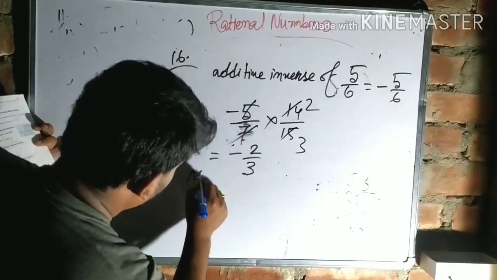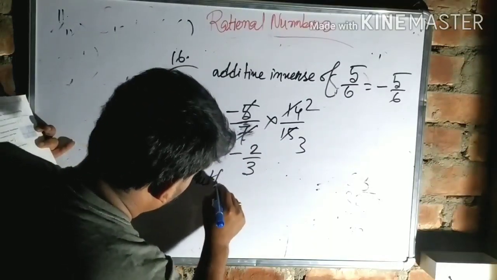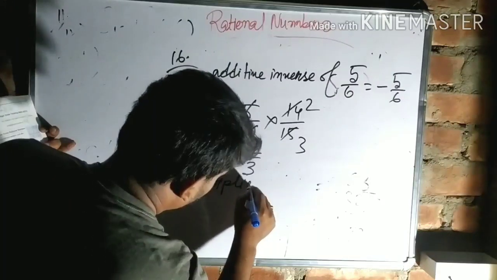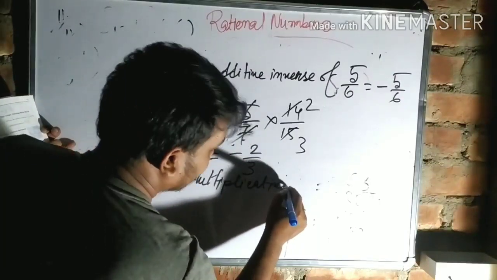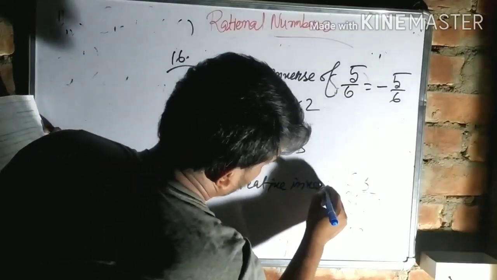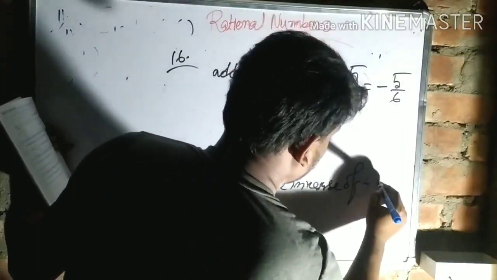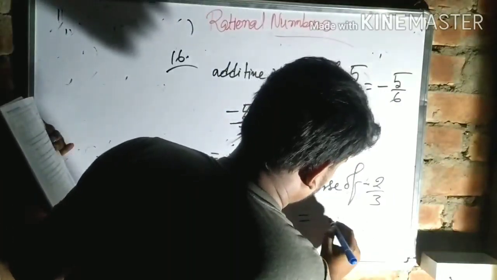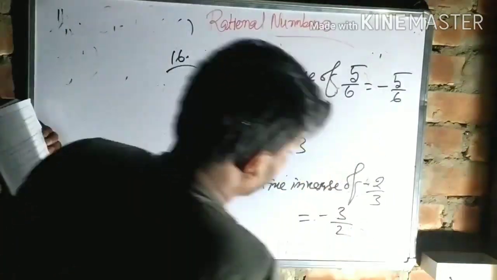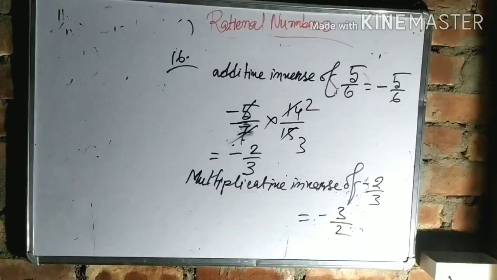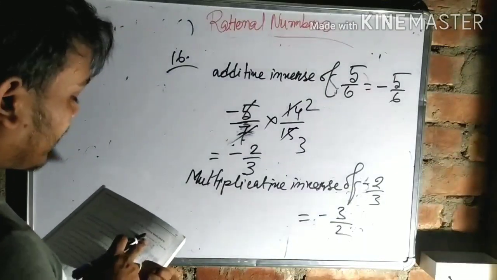So multiplicative inverse of minus 2 by 3 equals minus 3 by 2. Now what is the answer? The question is subtract the additive inverse.